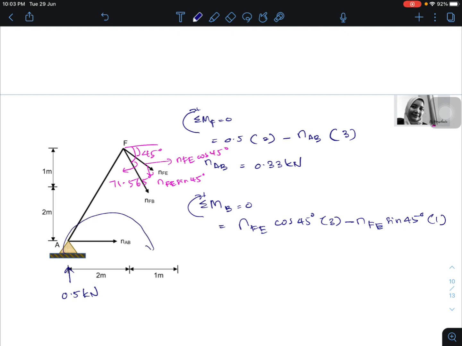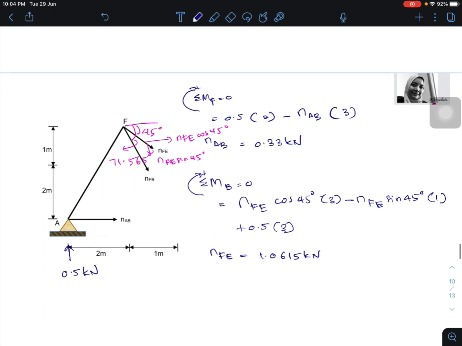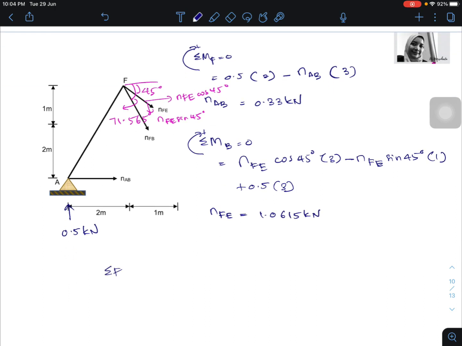And then for the 0.5 VA, VA will rotate in clockwise direction, plus 0.5 times 3 meter. So NFE equals 1.0615 kilonewton.